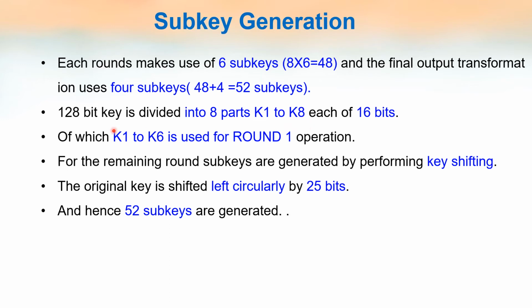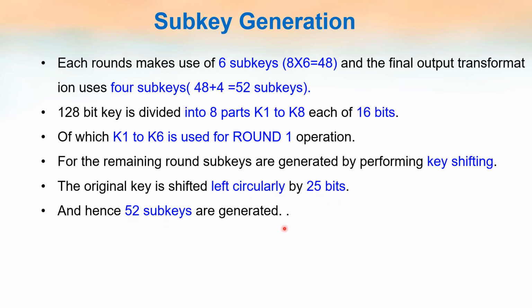The first round requires 6 keys, so from these 8 subkeys, 6 are given to the first round. Then 2 keys remain in the 128-bit key, and these will be given to the next round. For the remaining rounds, subkeys are generated by key shifting. The original key is shifted left circularly by 25 bits.